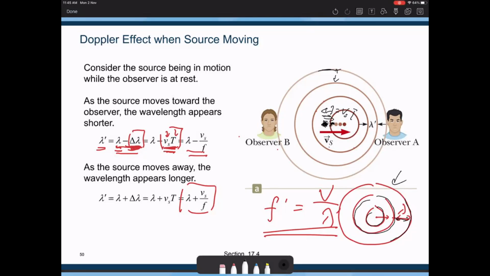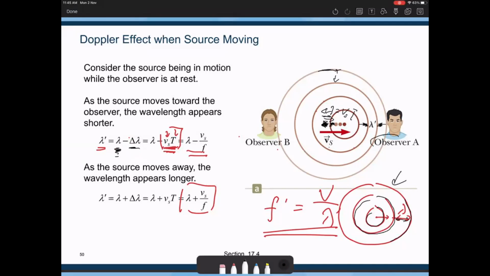Therefore, the new wavelength lambda dash would be equal to the original wavelength lambda minus delta lambda.